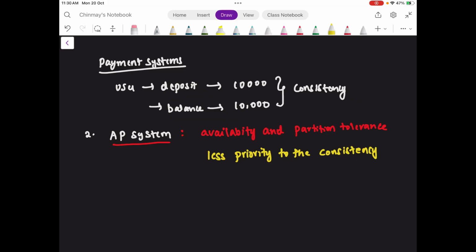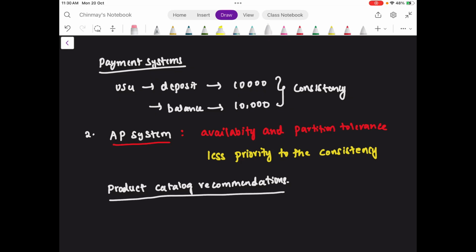A simple example for the AP systems is product catalog recommendations. If you consider the product catalog recommendations, even if there is no consistency, for example for one user it shows different products, for another user it shows different products, it is absolutely fine, but it should give the priority to the availability.